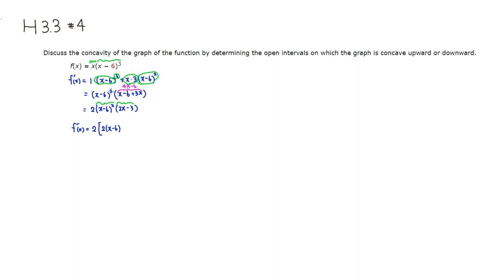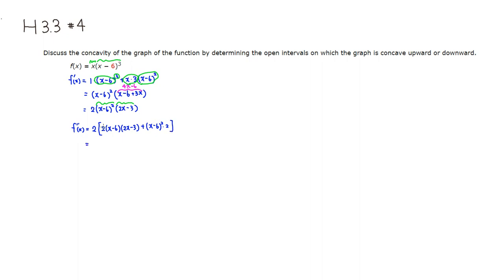Then multiply by the second guy, 2x minus 3. Plus first guy, x minus 6 squared, and then the derivative of the second guy, just 2. So let's simplify.